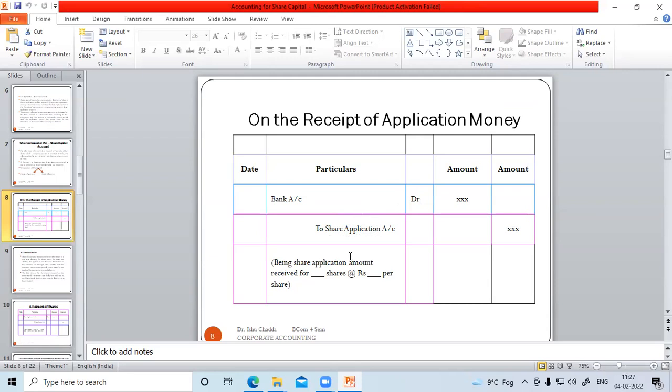That is, being share application amount received for shares at the rate, whatever rate it may be. Again, when you receive the application money, you debit the bank account and credit the share application account. Here we use the bank account because the depositor has to deposit the money in the bank. You can't debit your entry with cash.